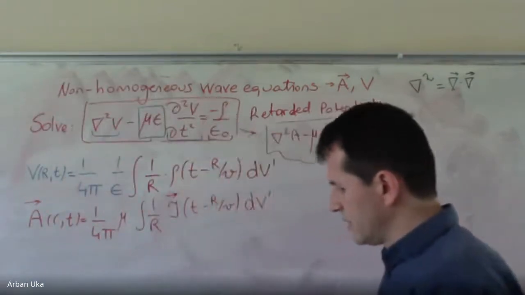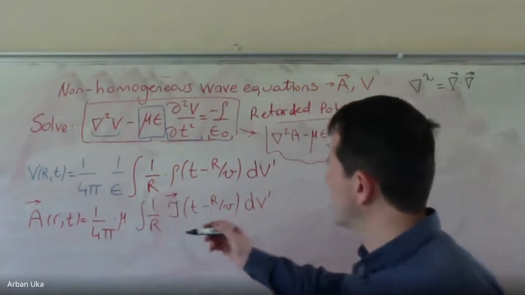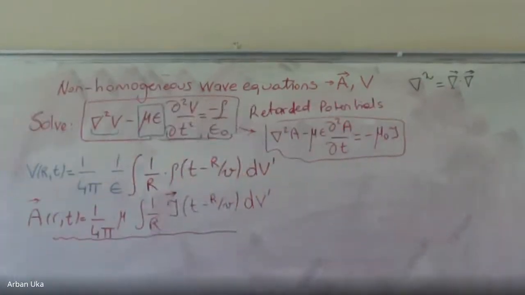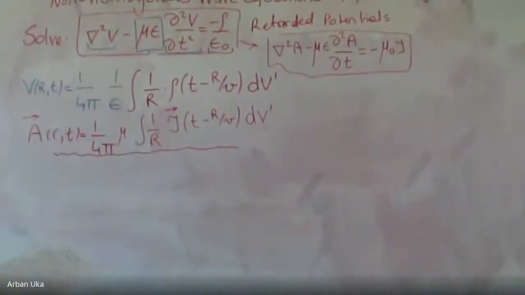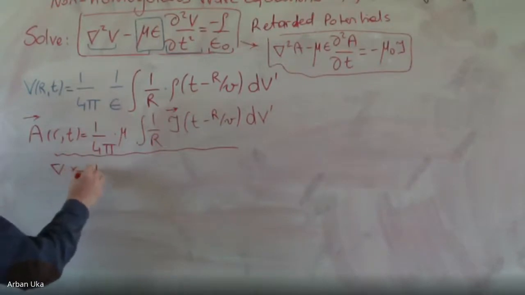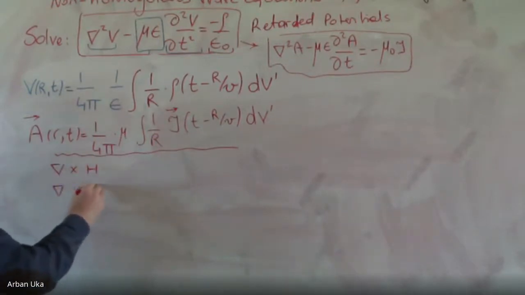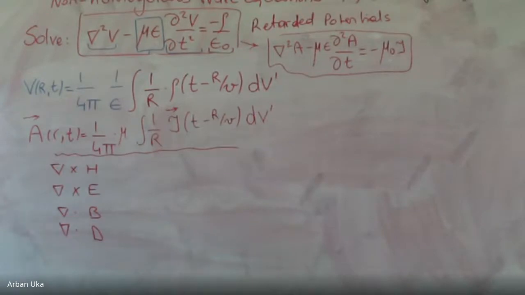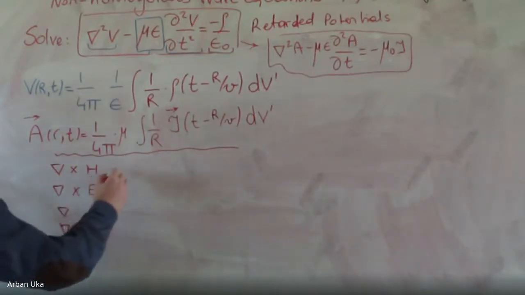So for example, I think we can make use of Maxwell's equations here. We know what Maxwell's equations are, right? We take two curls and two divergences. So we take the curls and then we take the divergences. What do we have on the other side of the equation?